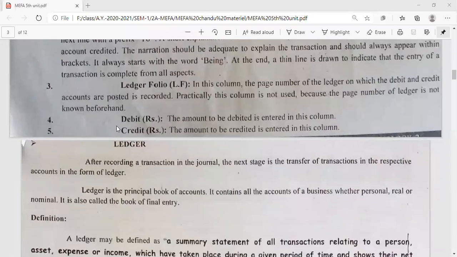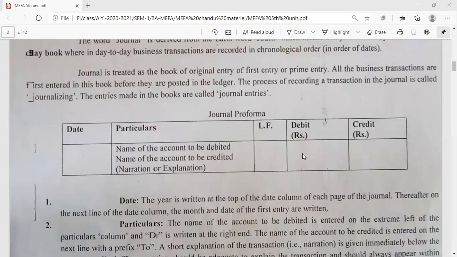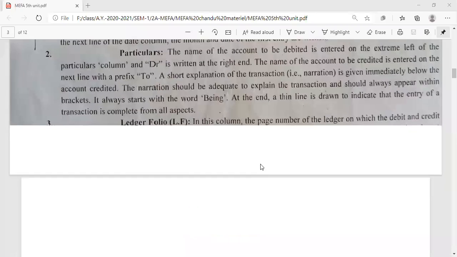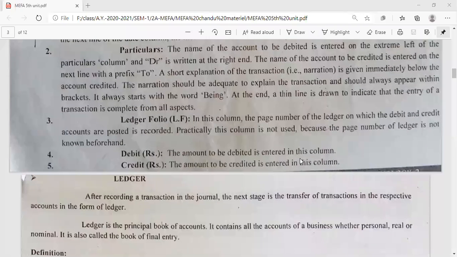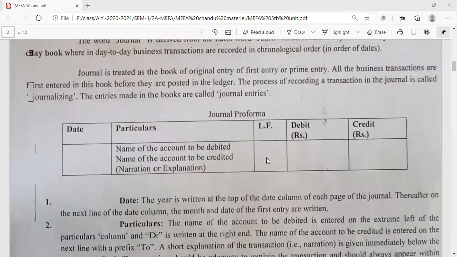Okay, so see here, debit: the amount to be debited is entered in this column, and the amount to be credited is entered in this column. Generally, we write the account from where we have withdrawn, that means the debtor account, and the amount here.